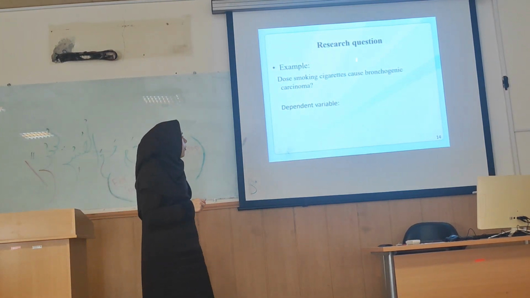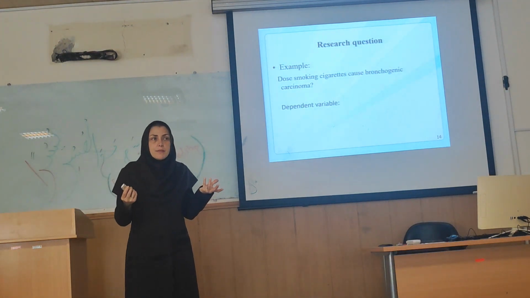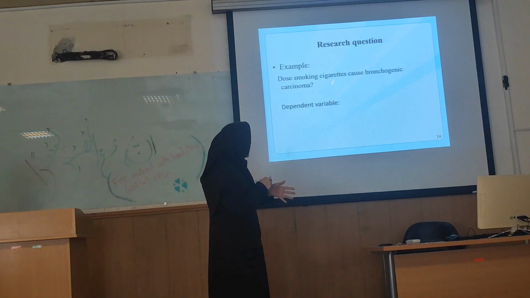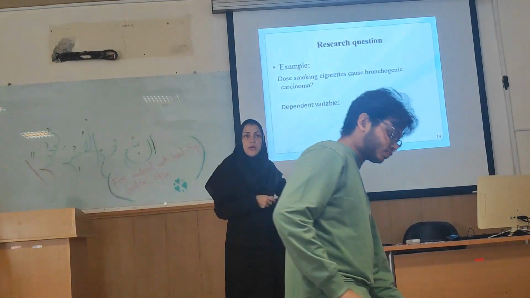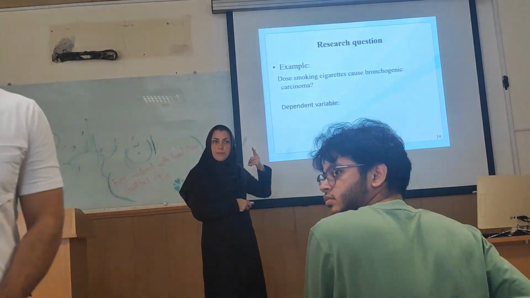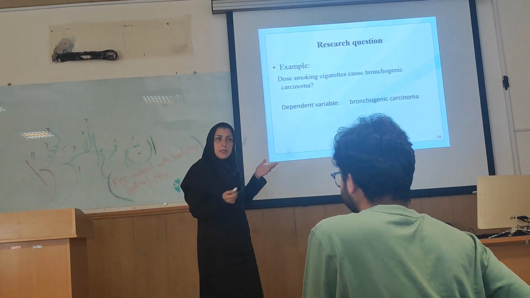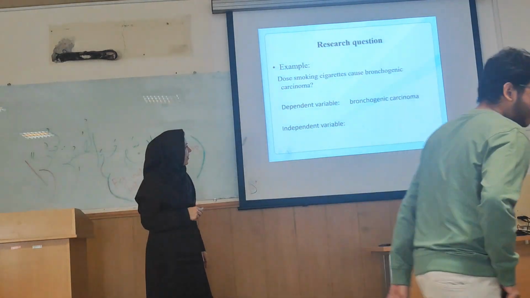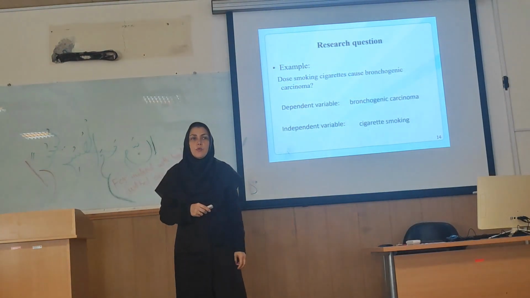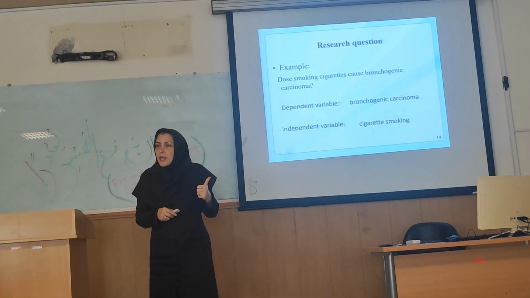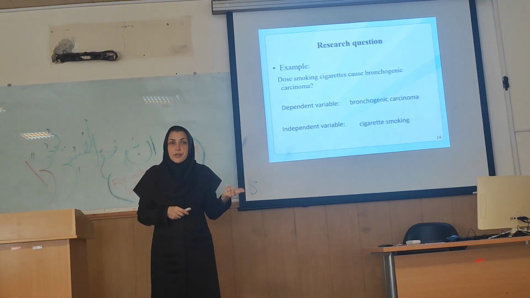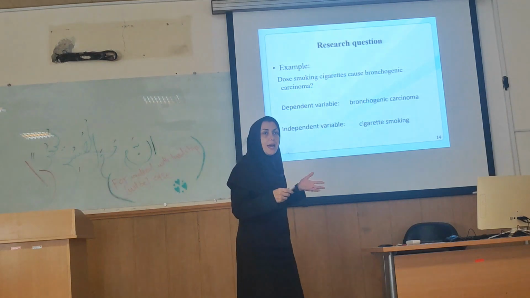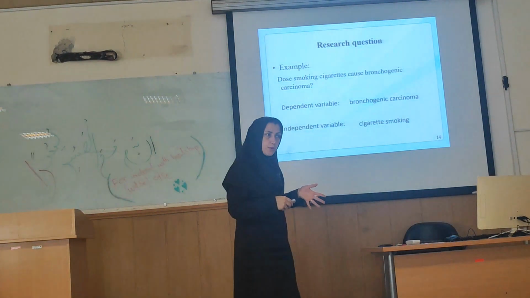No. Bronchogenic carcinoma is dependent because we want to study the effect of smoking on it. So it is dependent on the smoking. So our disease is dependent variable, but how about independent variable? It is cigarette smoking. So independent variable is our exposure. But dependent variable is our disease of interest.